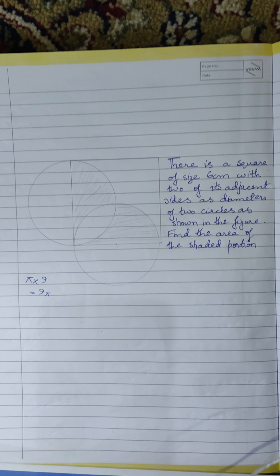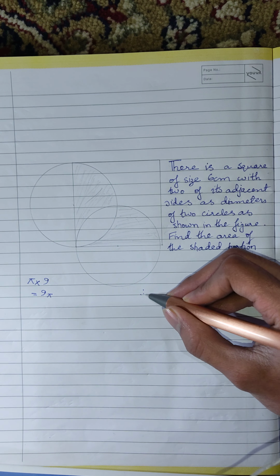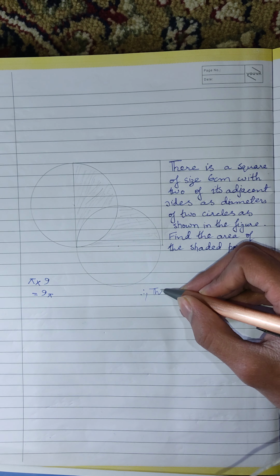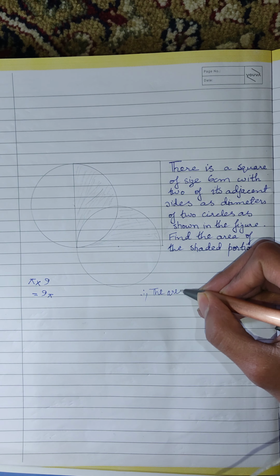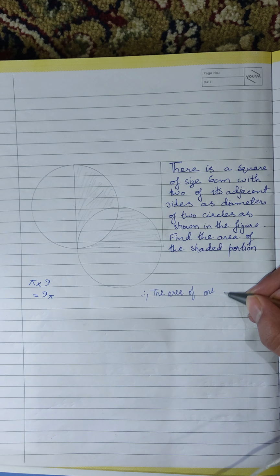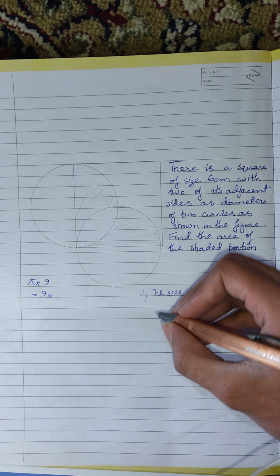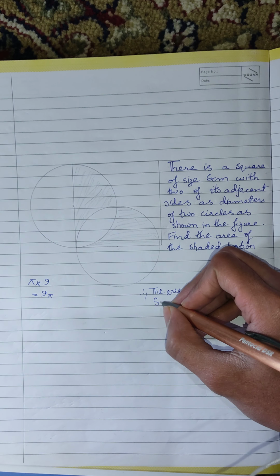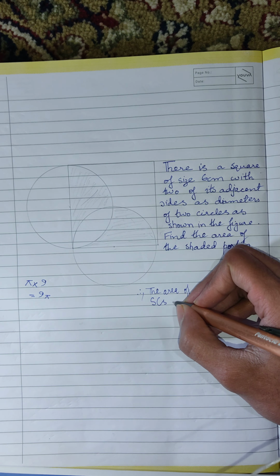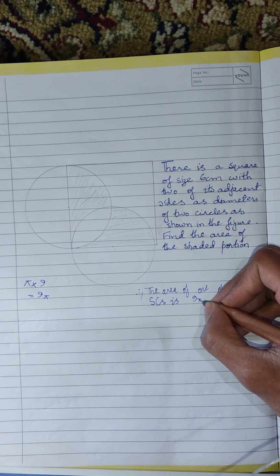Therefore, the area of one of the semicircles is, I'll write, 9 pi by 2 centimeter square.